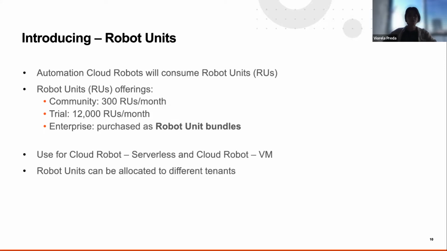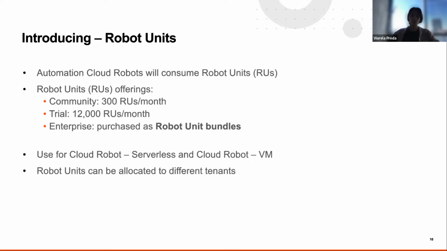And for Cloud Robots VM, the moment you set in Orchestrator a machine template of type Cloud Robot VM and you turn on a virtual machine on that template, we would consume, depending on the size of the machine, for example, a standard, medium-sized machine would consume 6,000 robot units the moment you started.